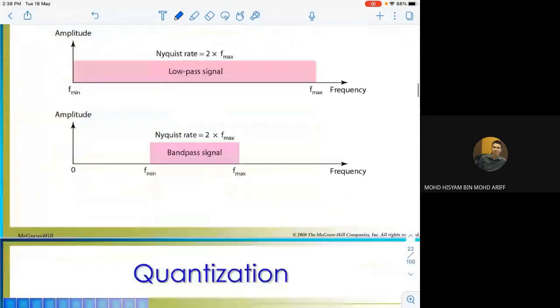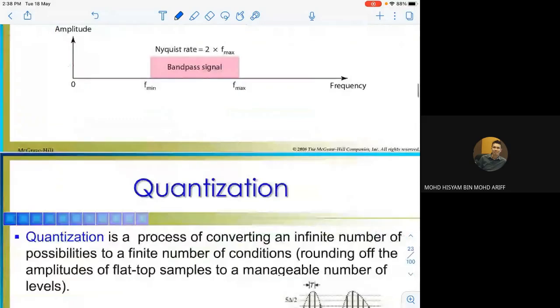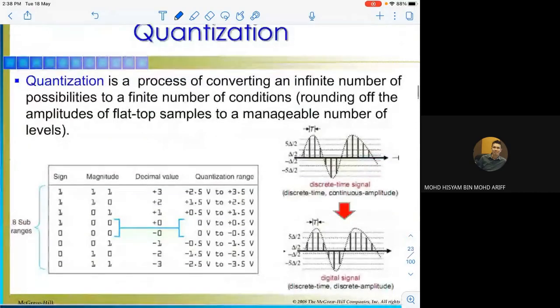I think this one is only quantization. Quantization is the process of converting an infinite number of possible conditions around the amplitude of the flat top sample into a manageable number of levels. You don't understand, right? Don't worry, I'll give you a simple thing: assign the value.